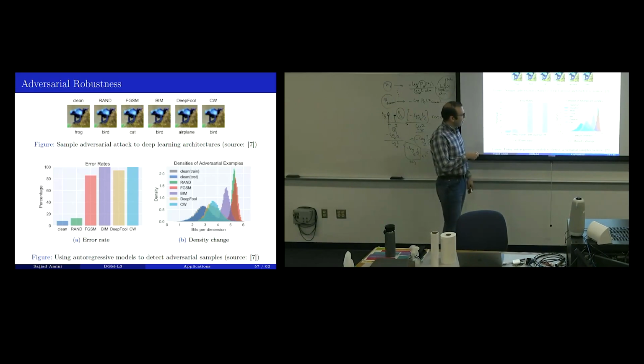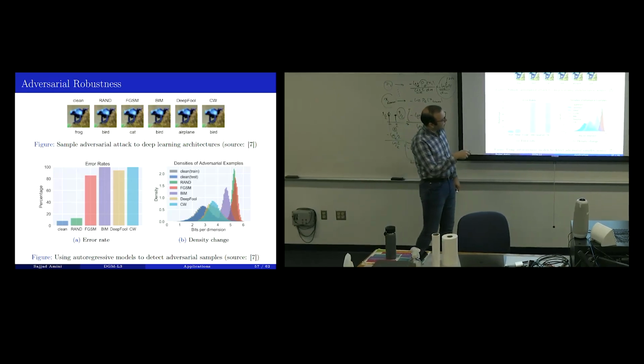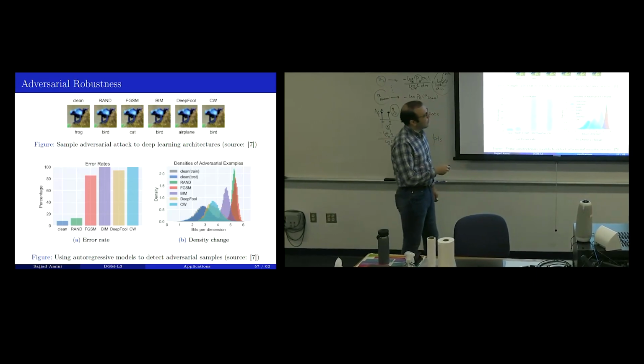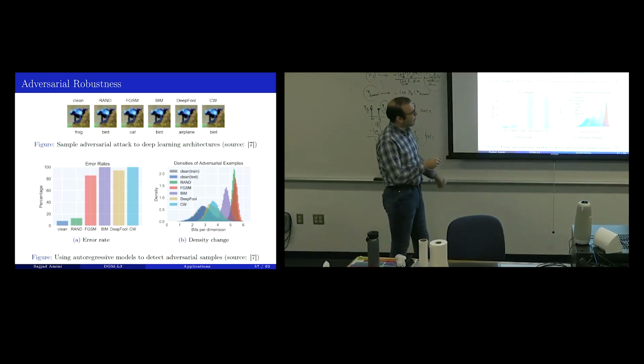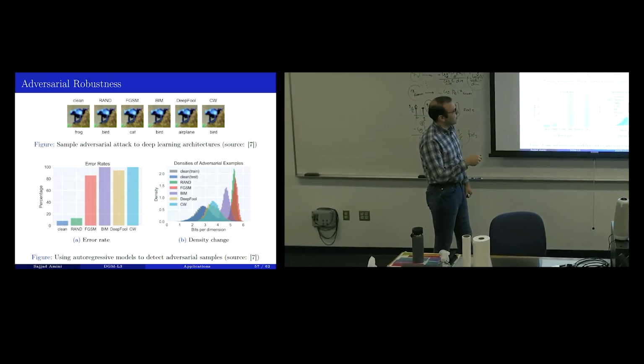This is also how effective these methods are. It shows that for the clean image, this is the error rate, and you have an acceptable error rate. When you add random noise, your error increases a little, but for the methods that are intended to design the attack, you will see a 100% error rate.